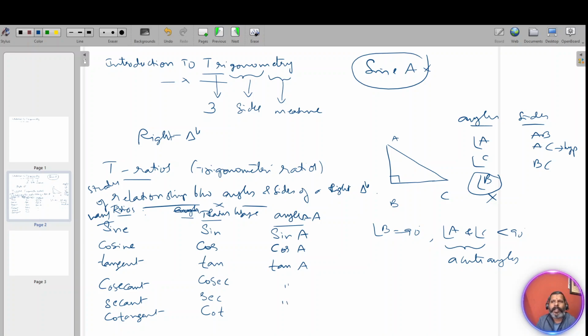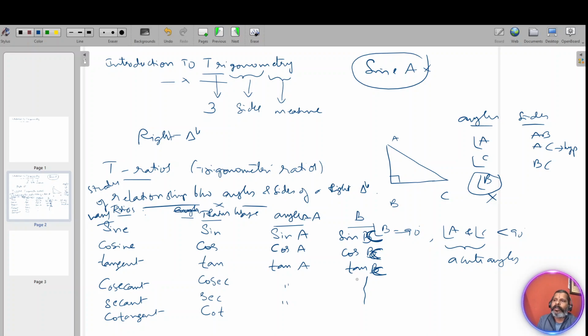When it is with angle B, it becomes sin B, cos B, tan B. Sorry, not B. I said B, but we don't study with the right angle. Trigonometric ratios are applicable with acute angles in a right triangle only.